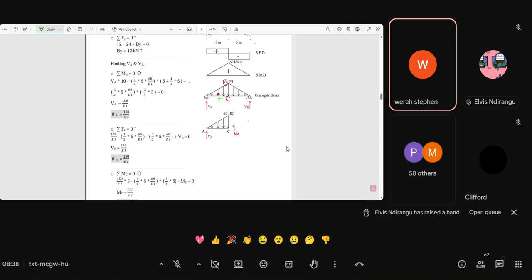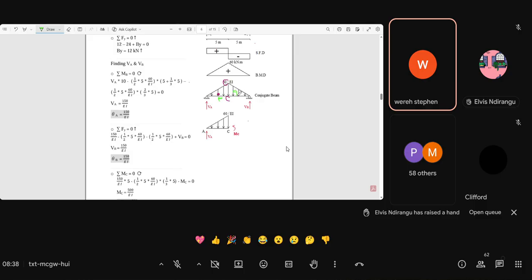So it is half times AC times the height, which is 60, the loading, times the distance from A to the center of gravity, which is 2 over 3 times AC. We have finished with this part. Then we have this one also.